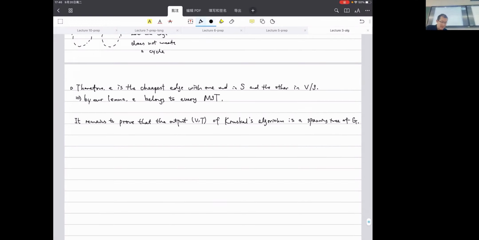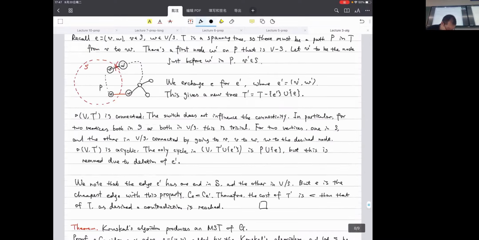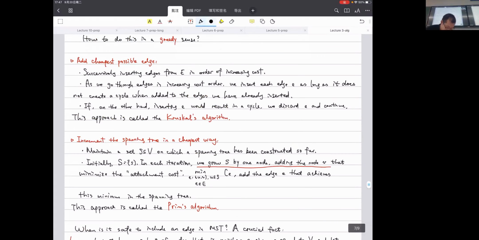So the only remaining thing we need to make sure is that Kruskal's algorithm always outputs a spanning tree. So let's do this. Clearly, T, the output of Kruskal's algorithm, has no cycles by definition.